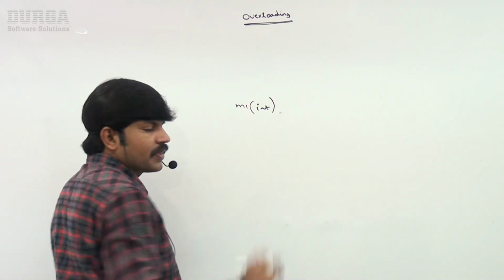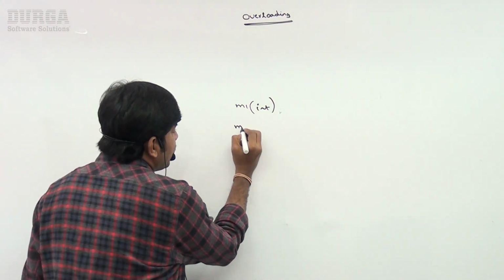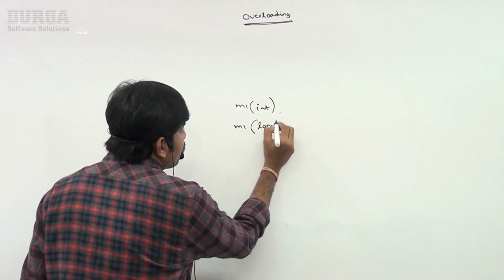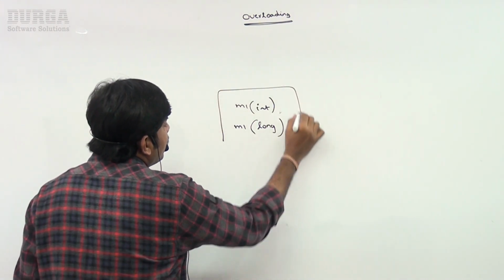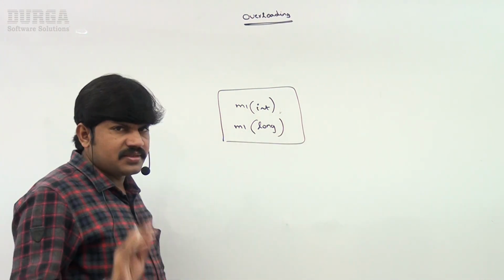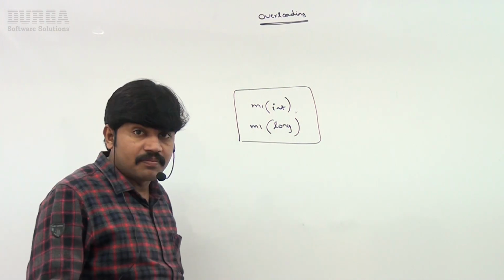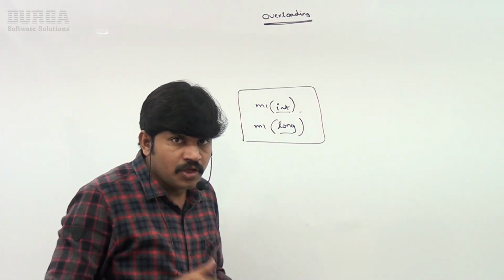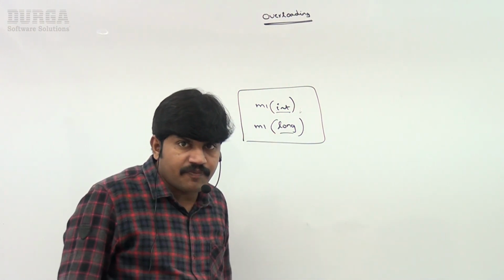M1 of int. I have another method; what is the argument type? Long. Observe these two things: method names are the same, but argument types are different.